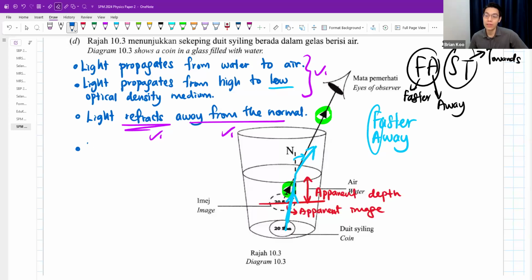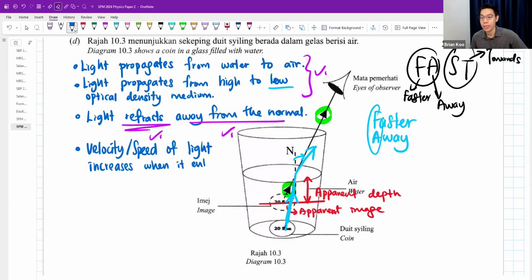Then you can also say velocity or speed of light increases. It becomes faster when it enters air.